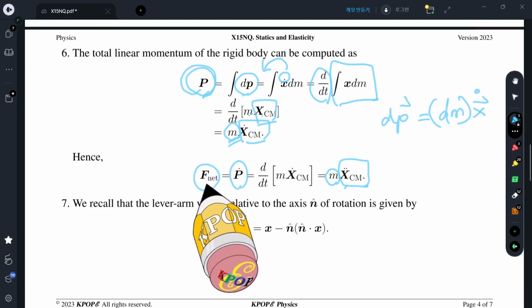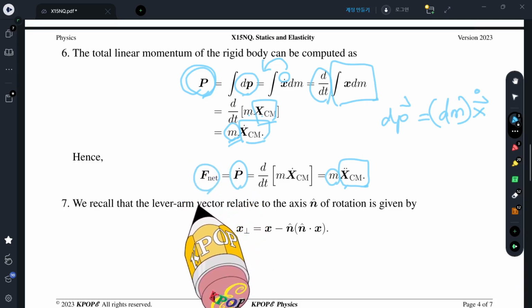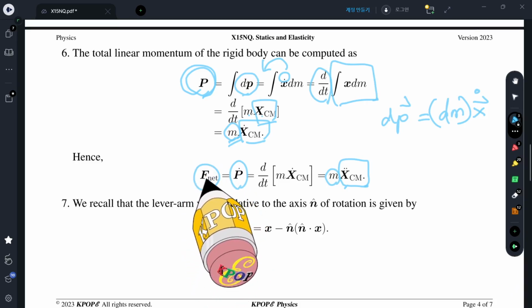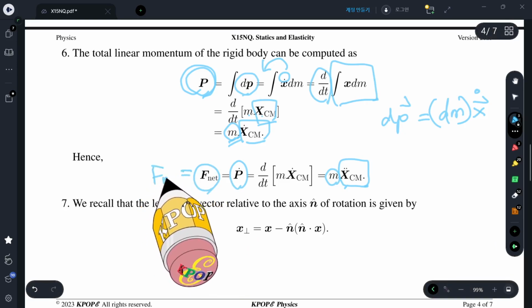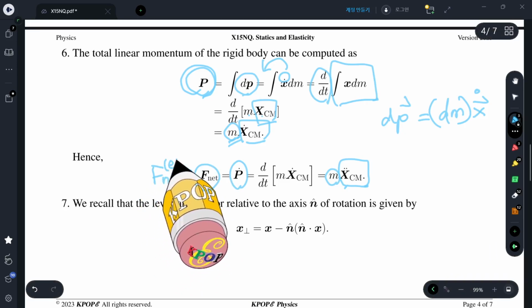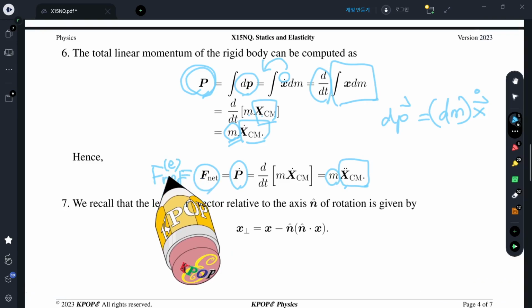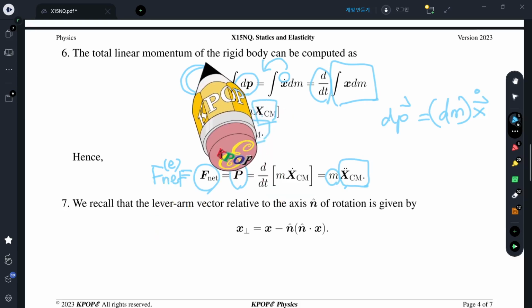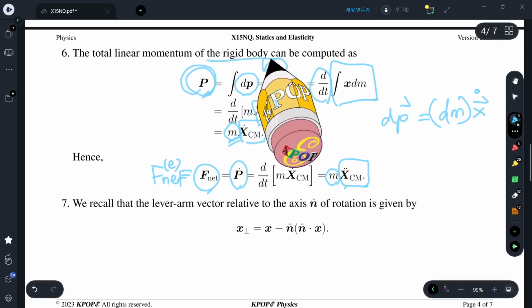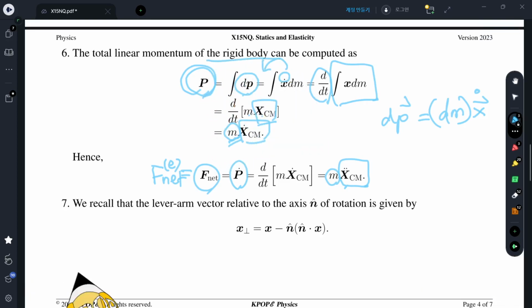Remember, the net force applied to the system is exactly the net external force, because any interaction between two objects inside the rigid body cancels because of the law of action and reaction, Newton's third law.